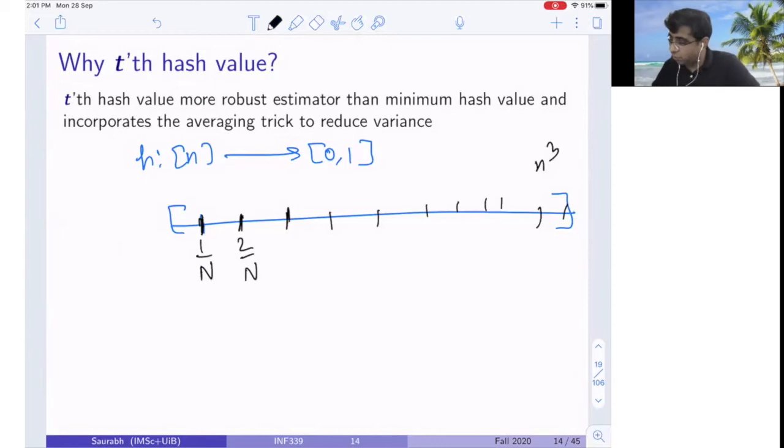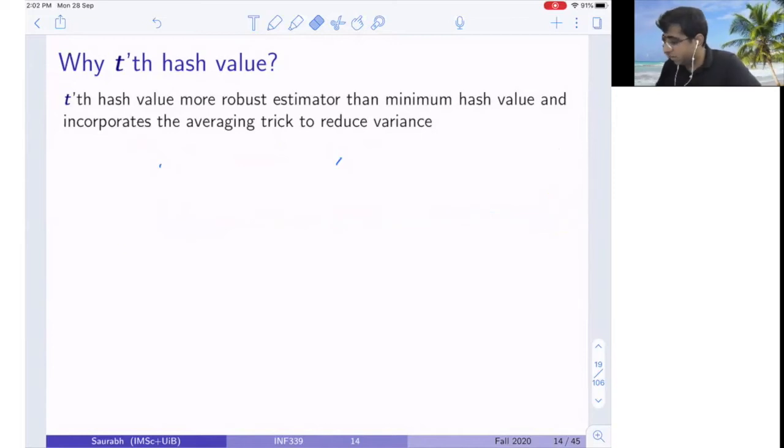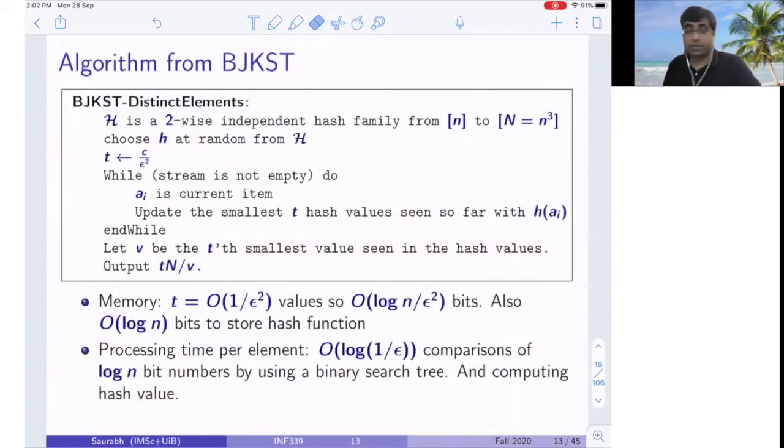But before I go to this, let me tell you why the t-th hash value. Why not the minimum? We could have also kept the minimum.